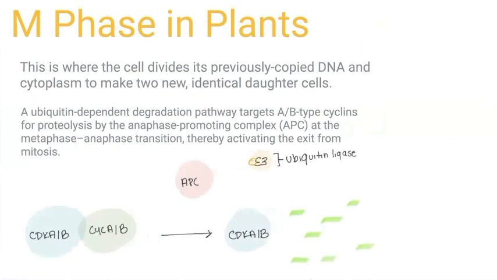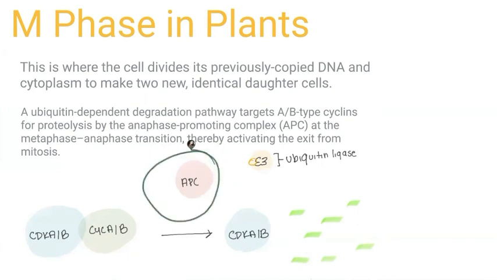Once you're in the M phase, you're dividing into two identical daughter cells. But a key component in exiting the M phase and going back into the G1 phase is a process that degrades the cyclin. The degradation happens by the anaphase promoting complex, APC, illustrated here in red.